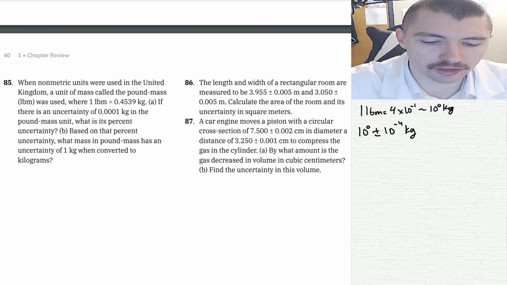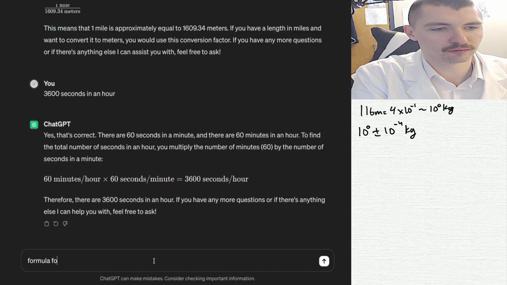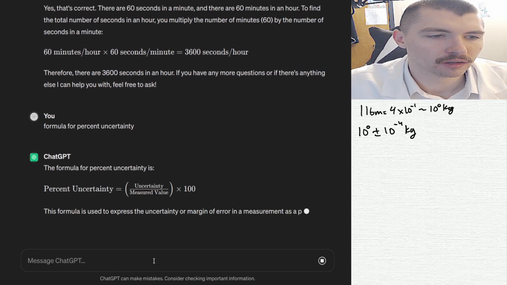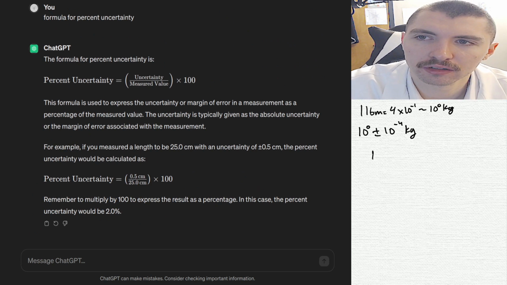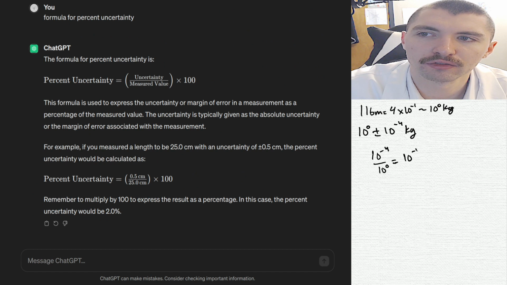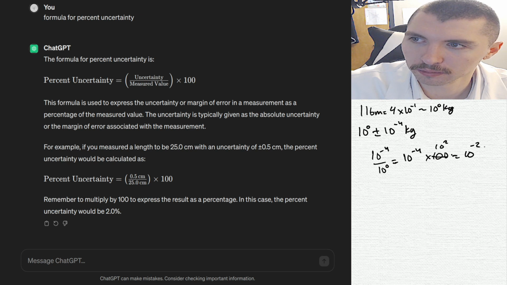Percent uncertainty. So uncertainty, it's going to be 10 to the negative 4 over 10 to the 0 equals 10 to the negative 4 times 100, or 10 to the 2, equals 10 to the negative 2%.